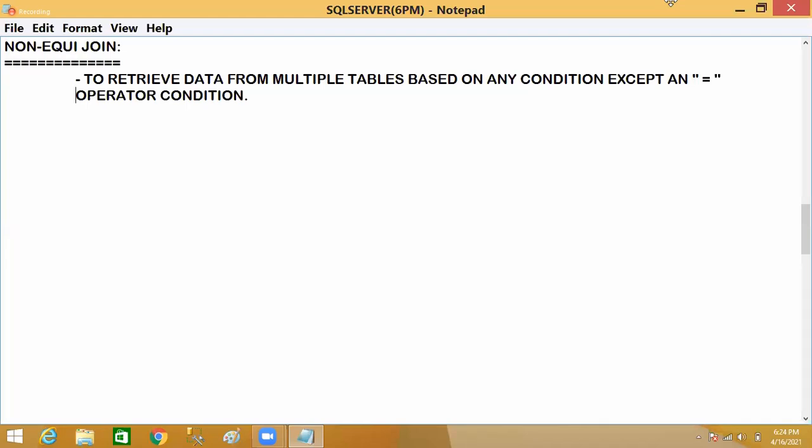That is what we call a non-equi join. It's quite the opposite of an equi join, because in an equi join only the equal operator is supported, but in a non-equi join you can use any operator except equal.